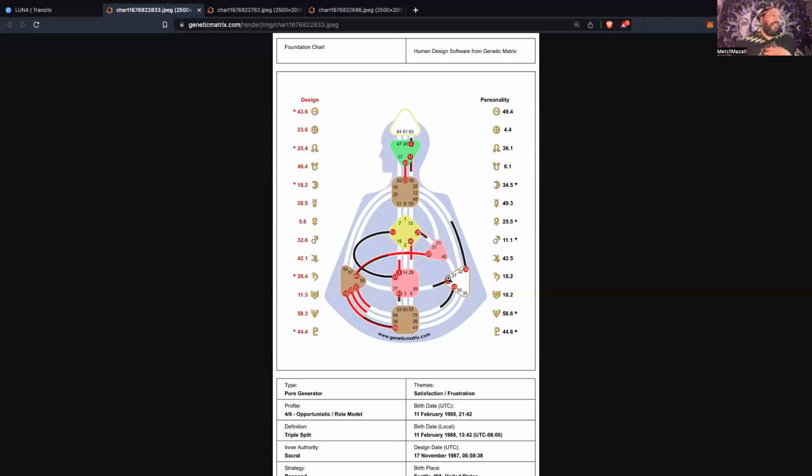And then we have this emotional solar plexus. Even though it's open, it's creating another section of the aura that is not going to be influenced as much by other people, even though the center is going to be.